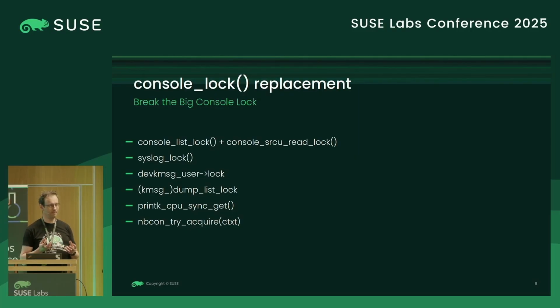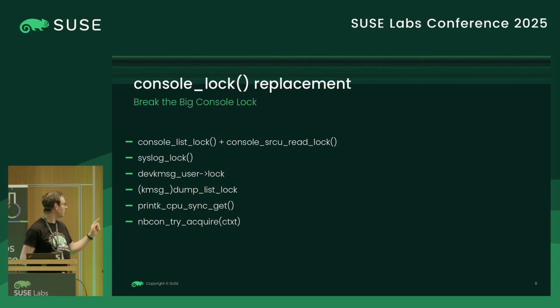And it can actually be unregistered in the meantime, but the SRCU makes sure that the unregistering doesn't finish and the device structures are not freed while everyone is still using the console. Yeah. So there were different locks for various read interfaces and dumping and so on.